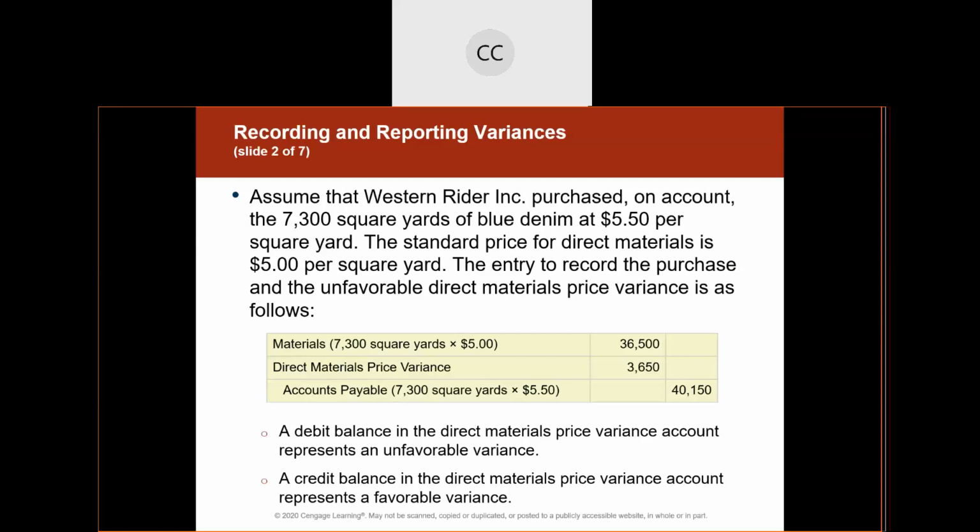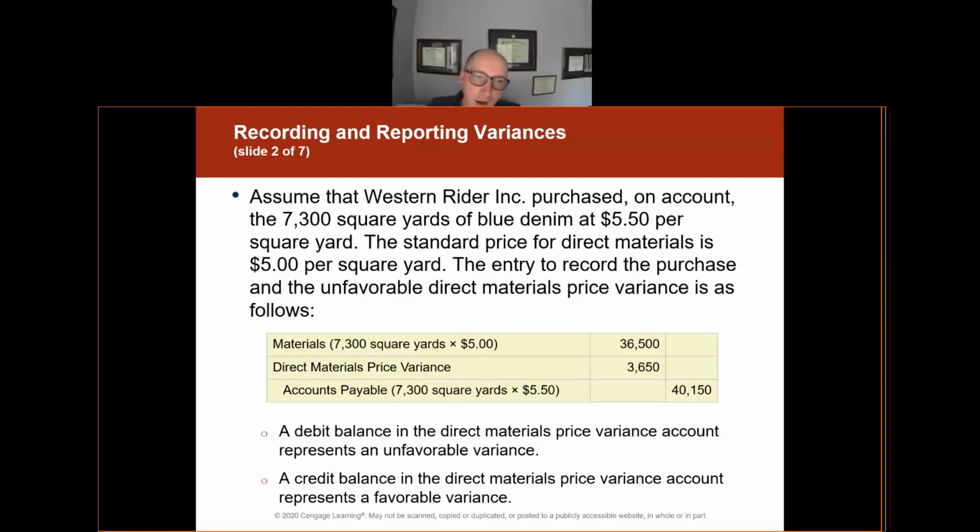Great. So the direct materials price variance is the account that represents the difference between the budget or standard cost versus the actual. Since the difference is 50 cents times 7,300 square yards, it's 3,650.